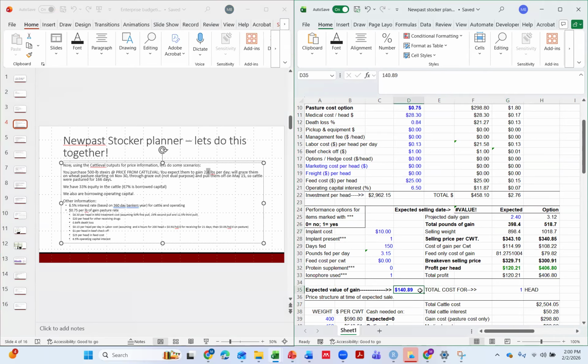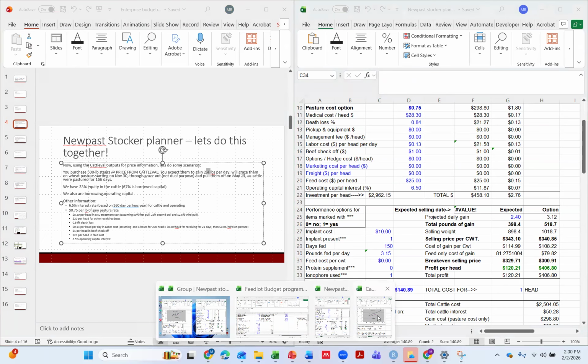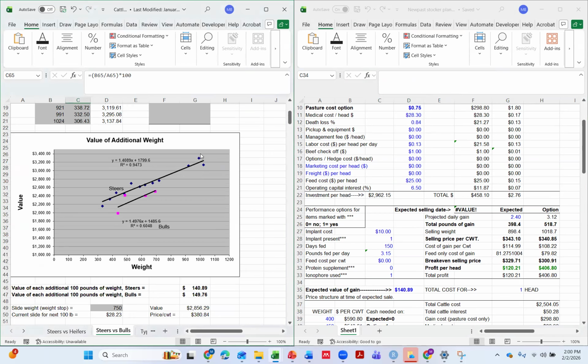So this value of gain is basically what value of gain we expect these animals to bring. In this scenario, we're basing that expected value of gain off of the value of gain we're seeing in steers that are sold on the same day. So that's not very realistic, right? But it's kind of the best we can do in this class scenario. So we're going to run with it.